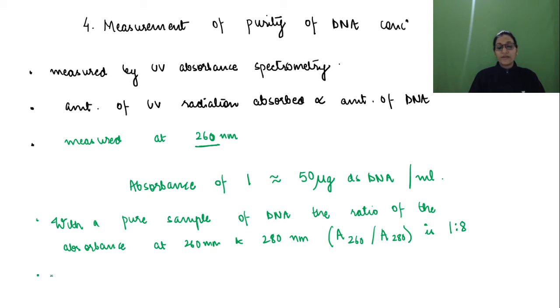A ratio of less than 1:8 indicates that the precipitation is contaminated.